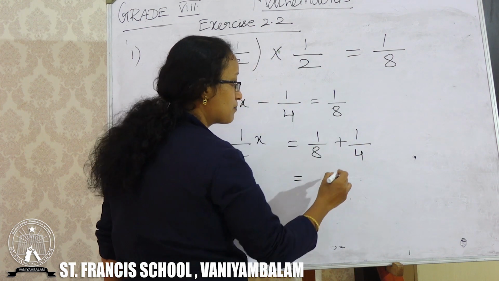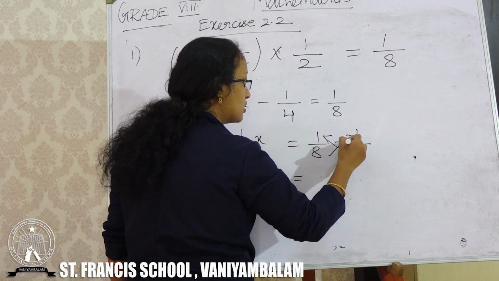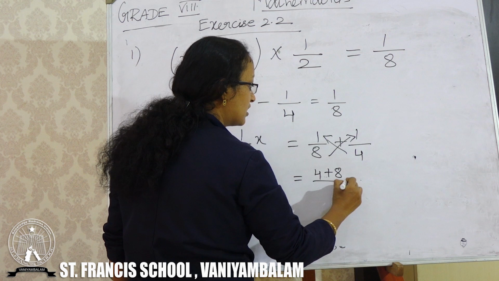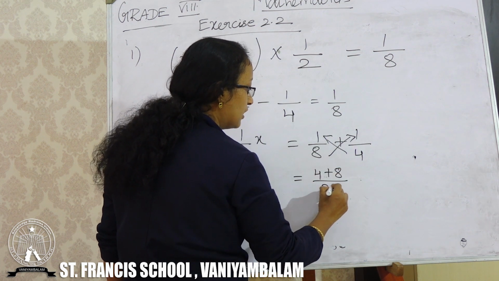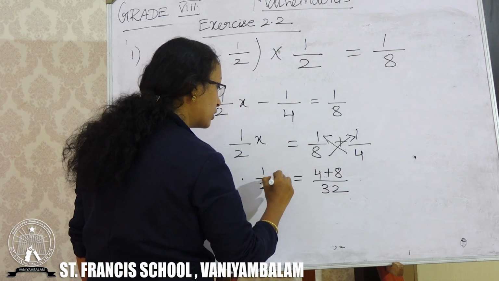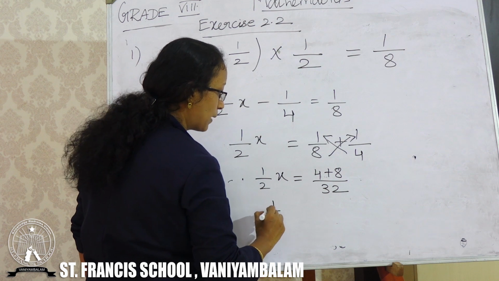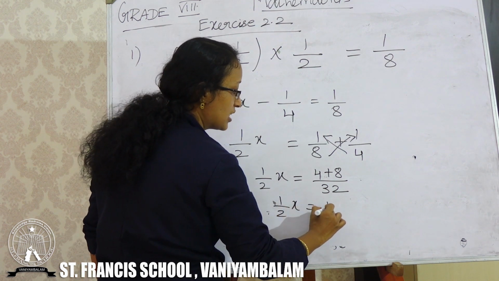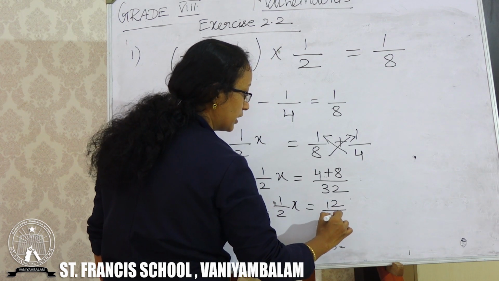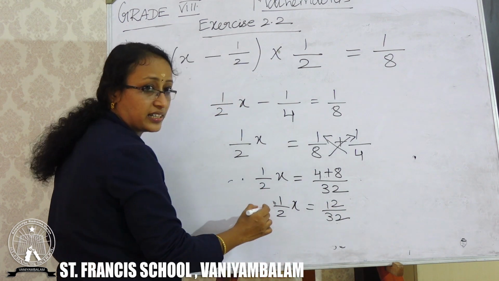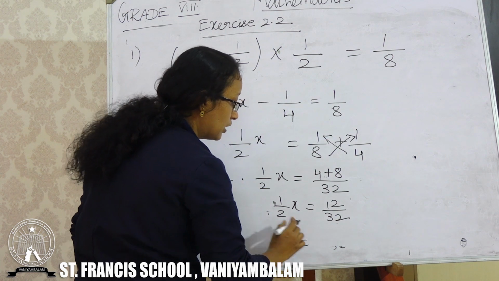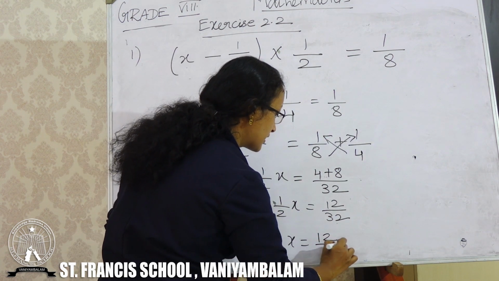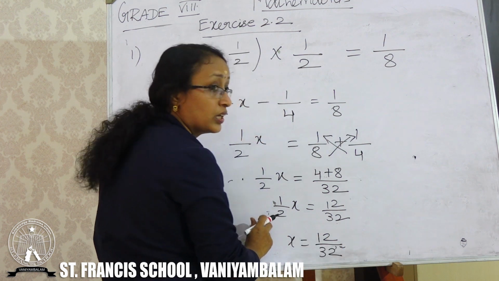Now you can cross multiply this, right? So 1 into 4 is 4, plus 8 into 1 is 8, divided by 8 4s are 32. And you have 1 by 2x here. So 1 by 2x is 8 plus 4, which is 12 by 32. And you can take the denominator 2 to the right hand side. 12 by 32.